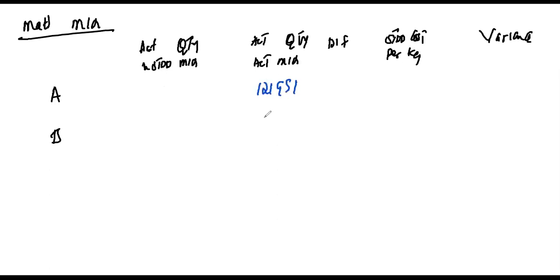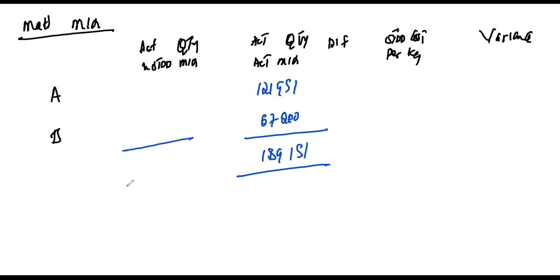And then for B, they used 67,200, which gives you the total of 189,151. Now, let me just help you to make things easier here. When you have this figure, just transfer it here to make the long story short. So you have 189,151. This one is simple because this is the total material that you used.